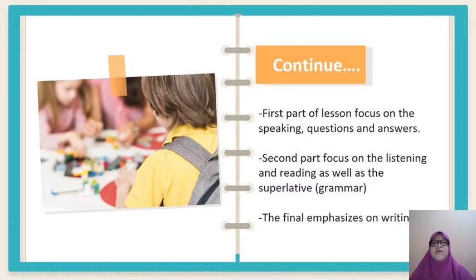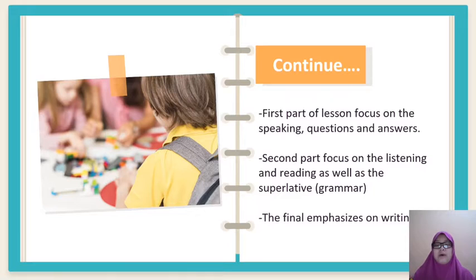By listening to the video, I hope they have an idea about the solar system, how many planets are in the solar system, what is the biggest star and everything. Moving to the reading activities, the text is from the textbook, pages 98 and 99.